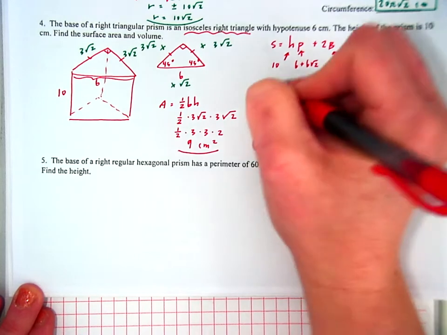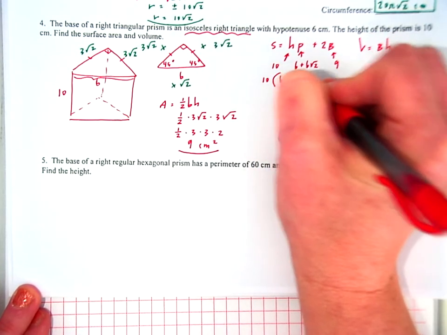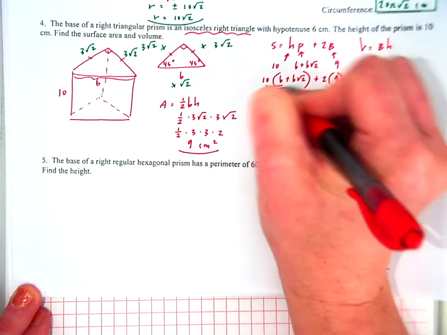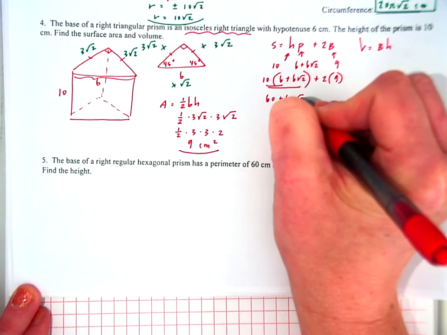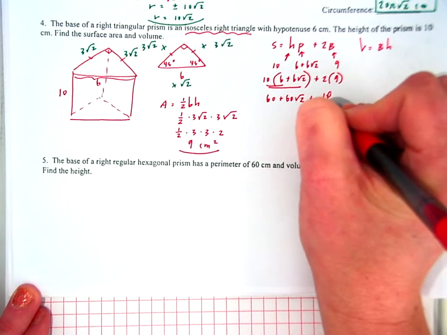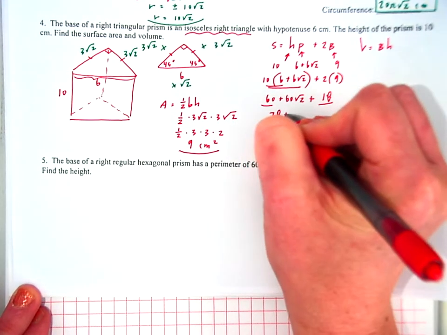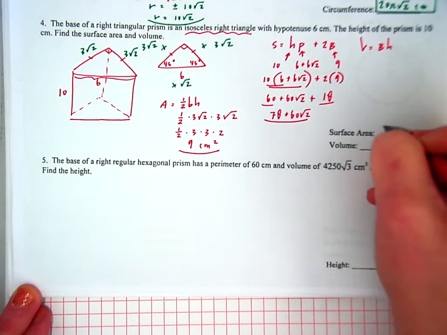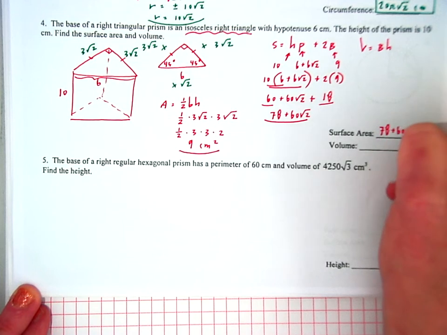So that's what I'm plugging in. 10 times, in parentheses, 6 plus 6 root 2, and then plus 2 times the 9. I can distribute the 10, so I have 60 plus 60 root 2 plus 18. I can only combine the like terms, so I get 78 plus 60 root 2. My units are centimeters, so centimeters squared. So 78 plus 60 root 2 centimeters squared.